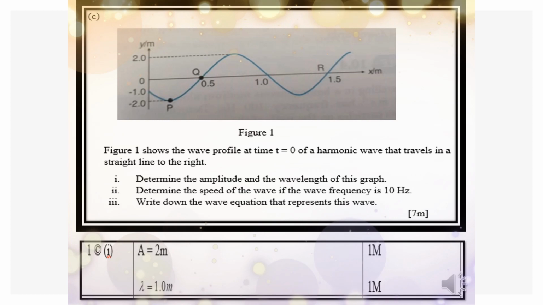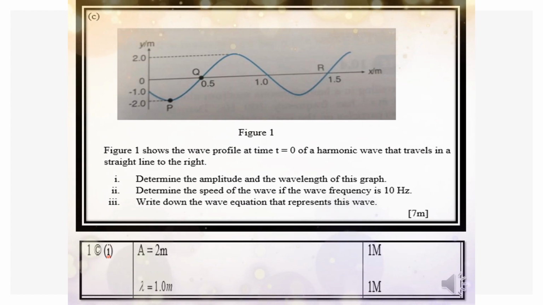Okay, now let's continue with question C. Figure 1 shows the wave profile at time t equal to 0 of a harmonic wave that travels in a straight line to the right. Jadi kita tengok soalan nombor 1 dahulu. We need to determine the value of amplitude and wavelength. Now we look at our graph. Look at our figure.